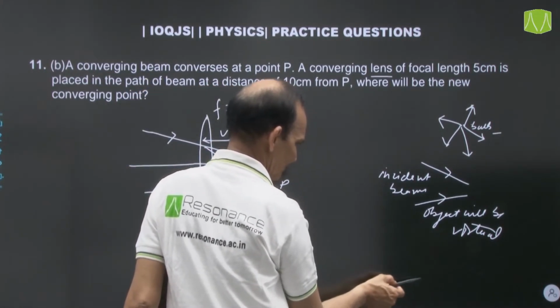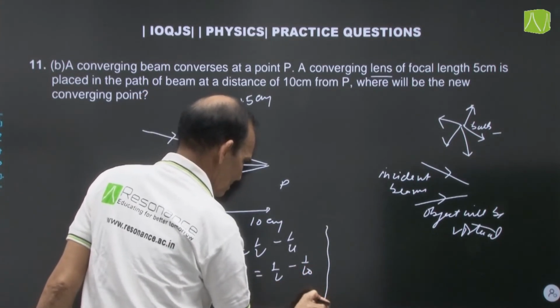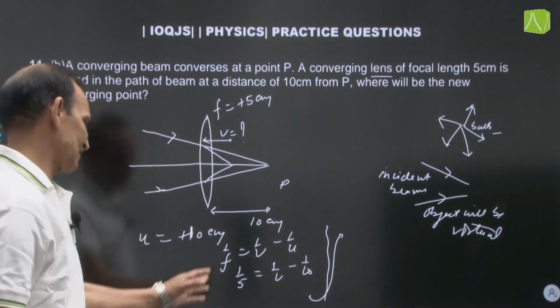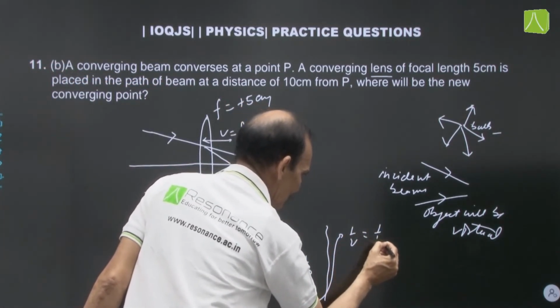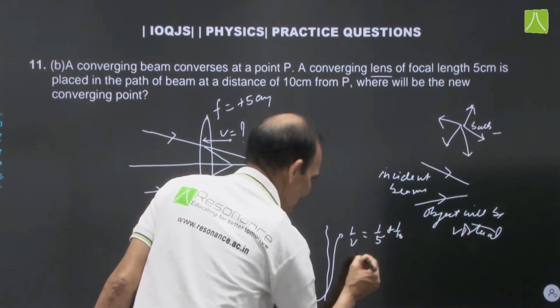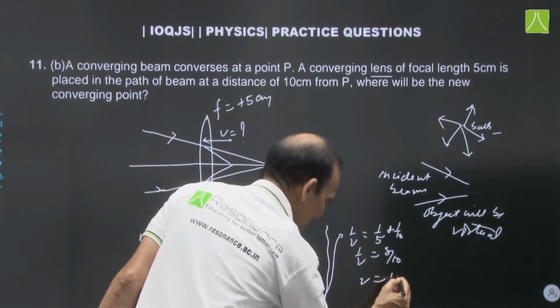Now you will solve here. The next option is this one. 1 upon v is 1 upon 5 plus 1 upon 10. That is 1 upon v equals 3 by 10, or v is 10 by 3, plus.